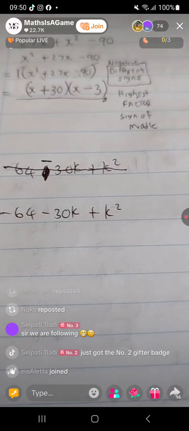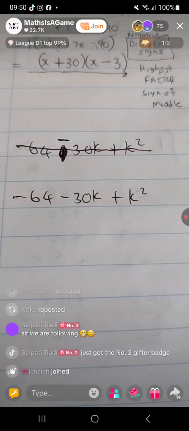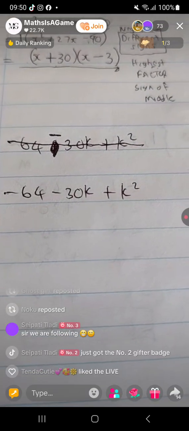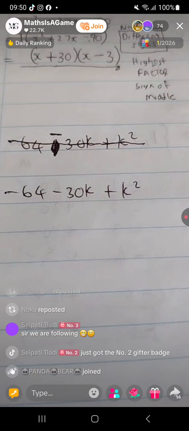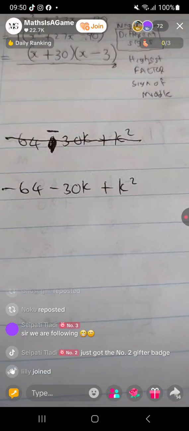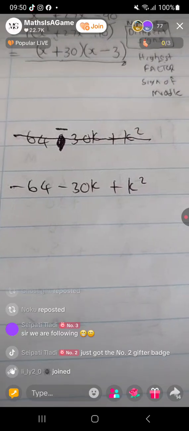Okay. So we look at the expression, and when we look at it, we see that there are three terms. Is the order correct, guys, or is the order in need of fixing?